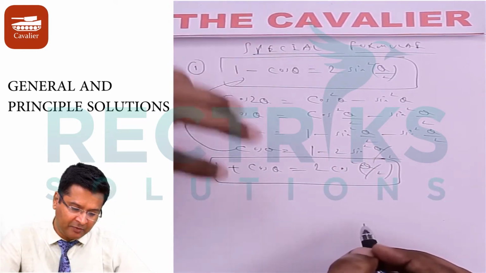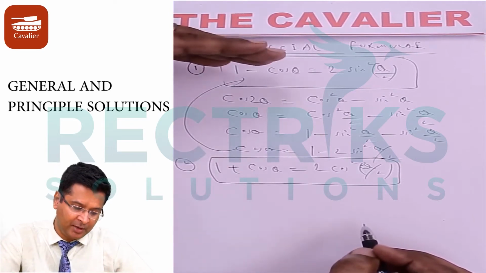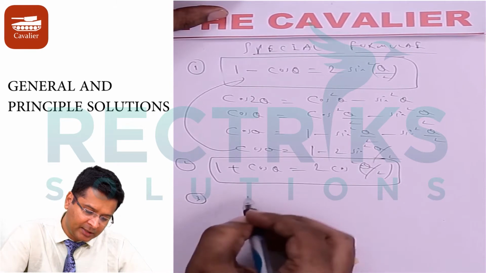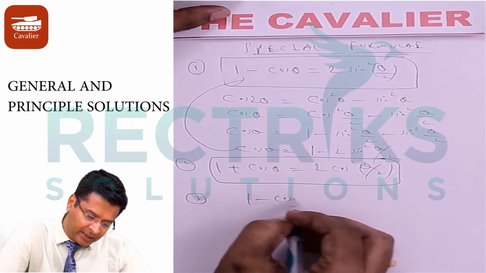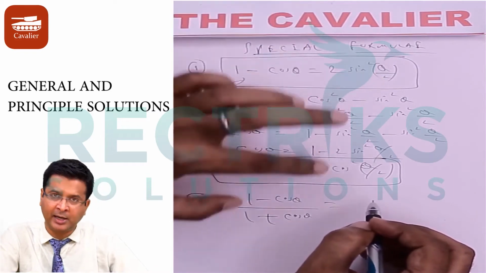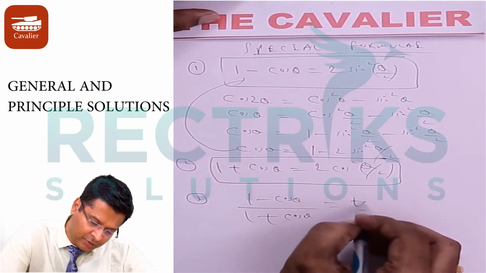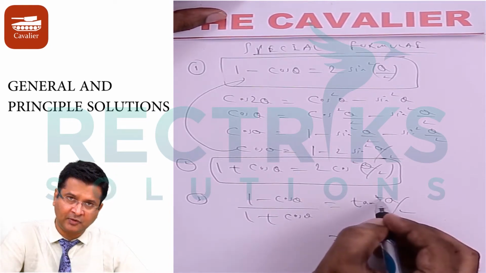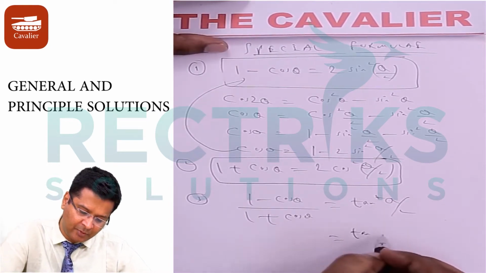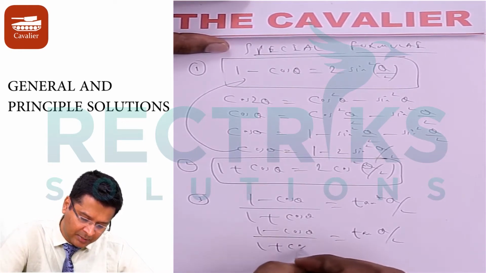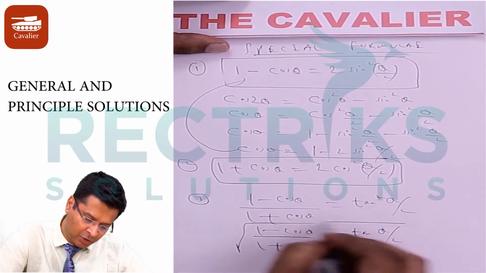Now if I divide these two formulas, formula 1 and formula 2, then I will get the third result, which is 1 minus cos theta upon 1 plus cos theta. When you divide the right hand side of these two formulas, you get tan square theta by 2. Now just think, if I take this square to the other side, you will get a formula for tan theta by 2, which is 1 minus cos theta upon 1 plus cos theta whole under root.